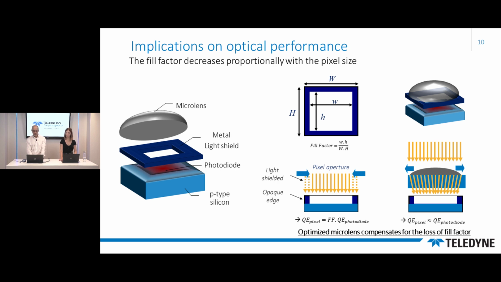The smaller the pixel, the more the design constraints increase, because the fill factor decreases. Also, the aspect ratio, which is the optical stack height divided by the pitch of the pixel, increases. So it may be necessary to compensate for some optical effects by adjusting the entire array of microlenses and locally.